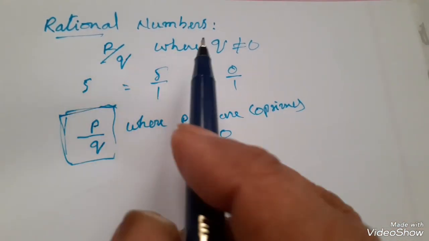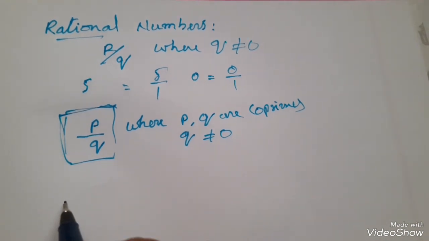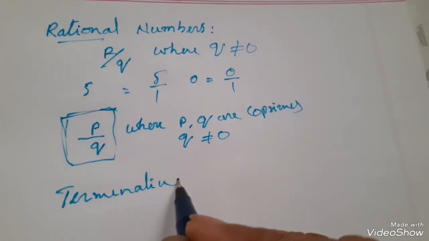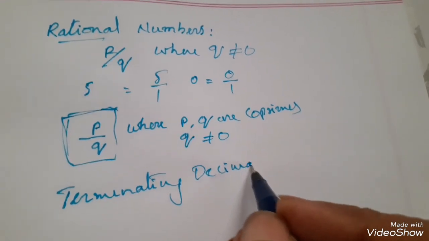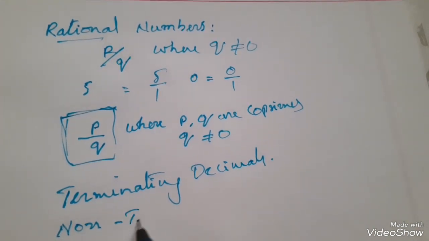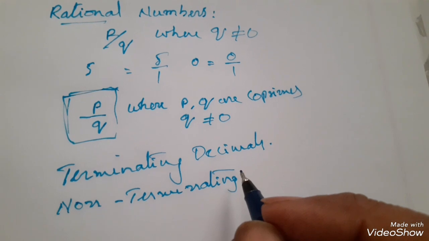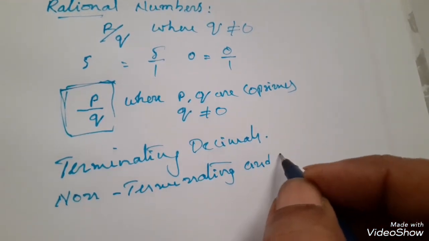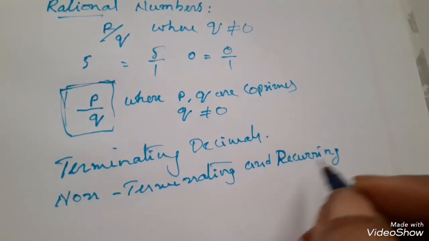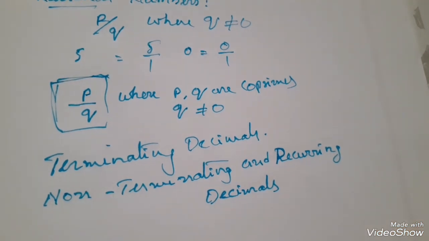And rational numbers, again, one more thing: all terminating decimals and non-terminating and recurring decimals are also called rational numbers.